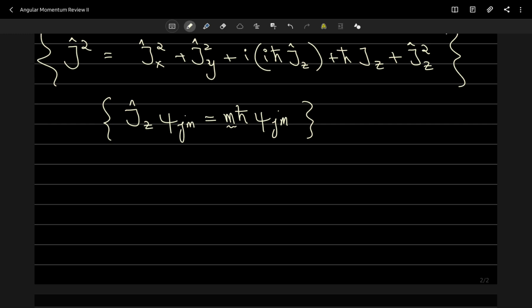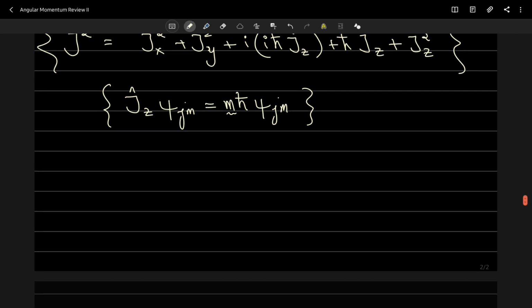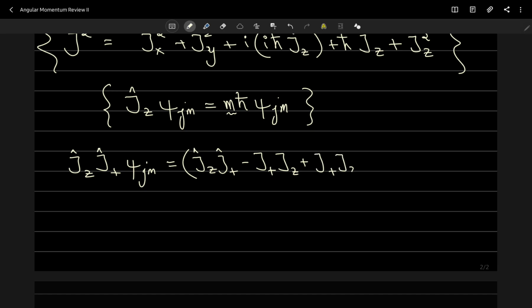To do that, let's consider the following operation, that is jz and j plus on psi jm. So j plus will act first and then jz. Using the above relations, this is equal to jz j plus minus j plus jz plus j plus jz acting on psi jm.